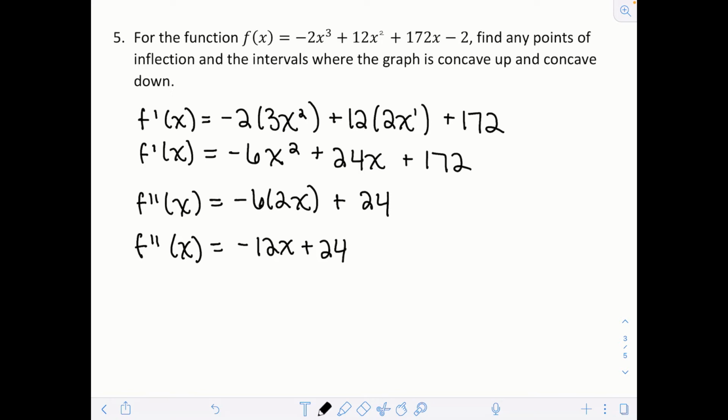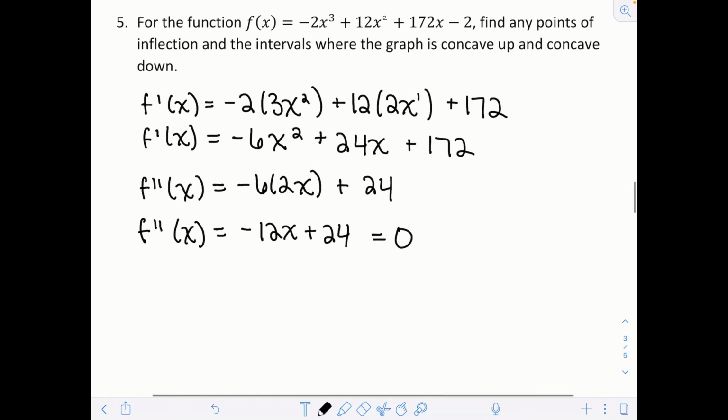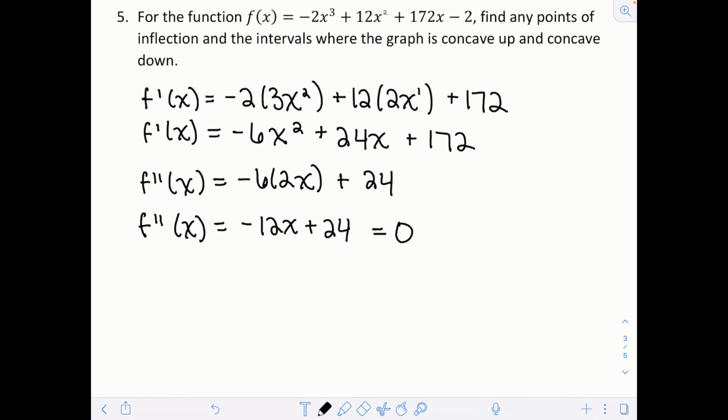If we were working with the first derivative, that would tell us critical numbers. Since we're dealing with the second derivative, setting it equal to 0 tells us about inflection points, or points where it can change in concavity. And in this case, we get that x equals 2 is the place where we expect there to be an inflection point.